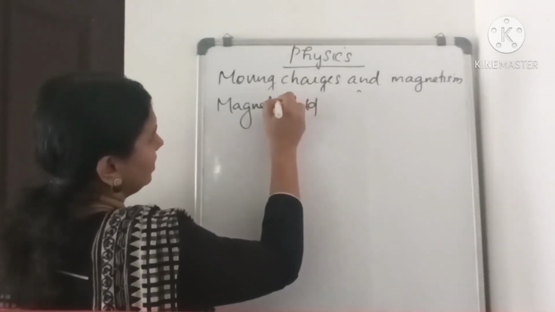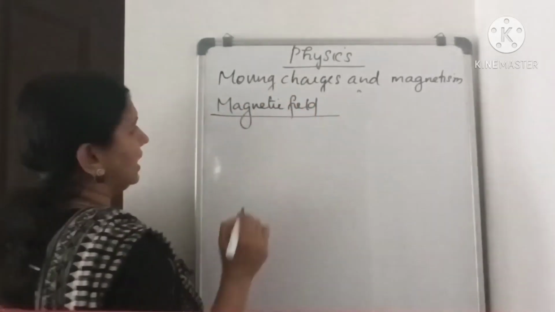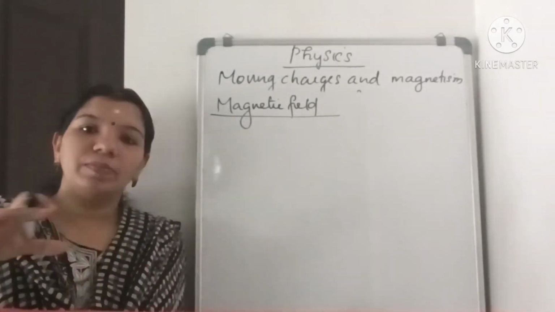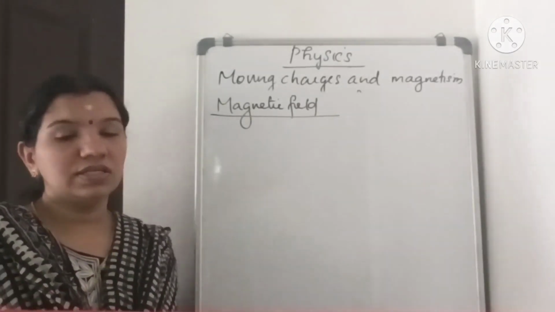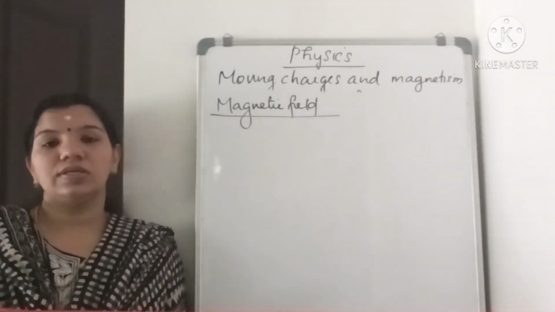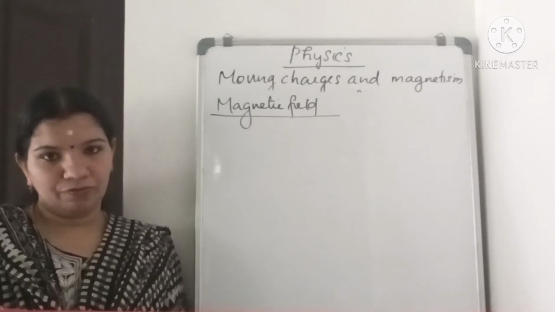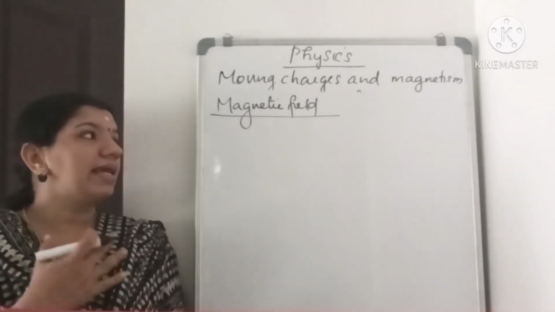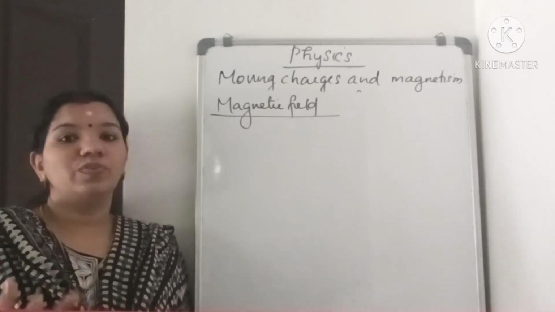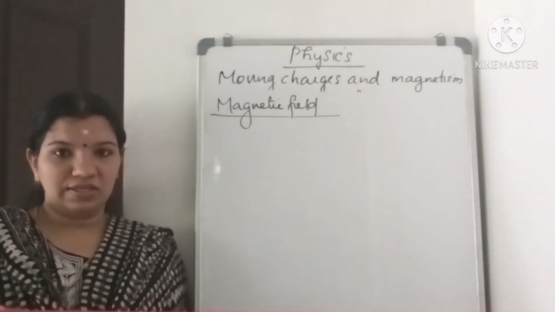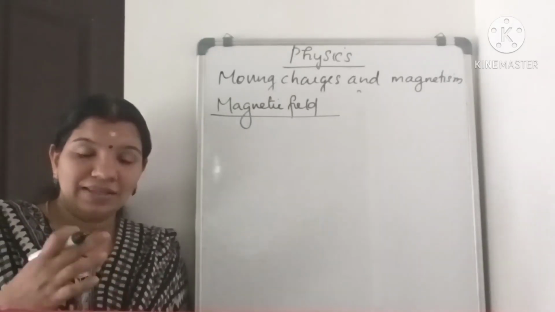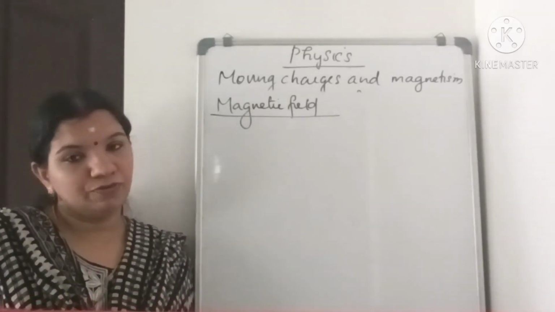You have studied electric field in the first chapter, because around the static charges there will be a region which exerts force on it. So that region around the charge is said to be what? Electric field. Similarly, in the case of a magnet, there is a region around the magnet in which the force is experienced, and that region is known as magnetic field.